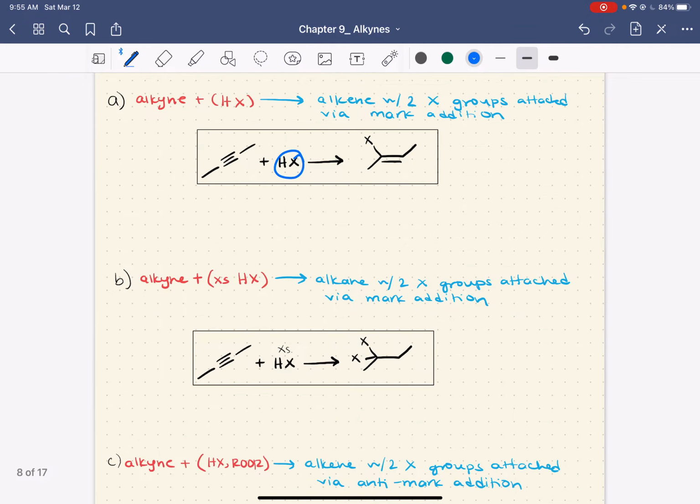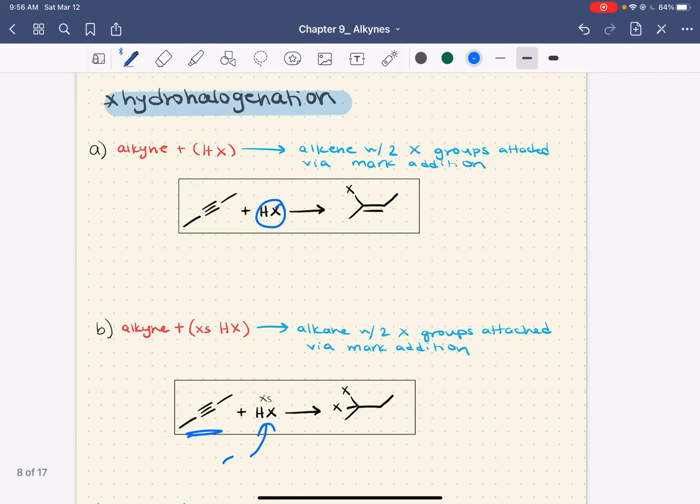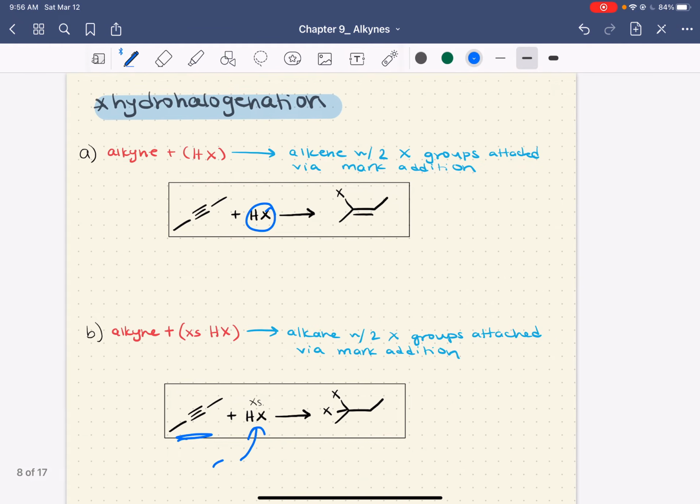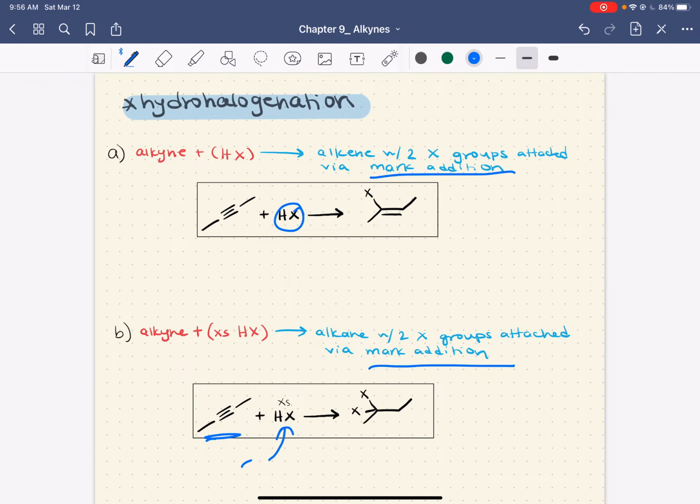In the second type, we react this alkyne with excess hydrogen halide, so more than just 1 equivalent. Now these first 2 reactions occur through Markovnikov addition. That's important to remember. That means that you add your halogen to the more substituted side and your hydrogen to the least substituted side.